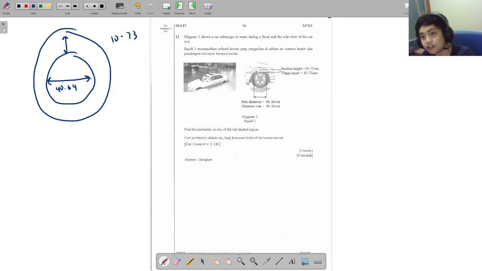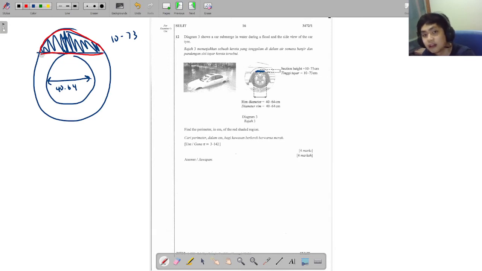I can't see the red region, but I'm just going to assume this is the red region. So the red region is somewhere around here, right? Since we are looking for the perimeter, we are looking for this arc length and this chord length.